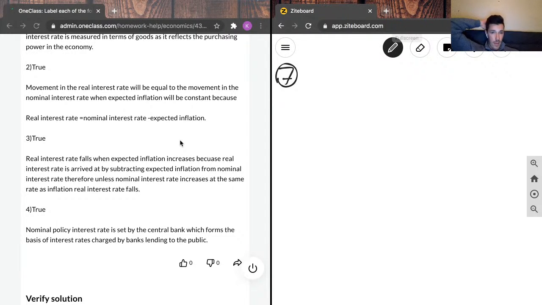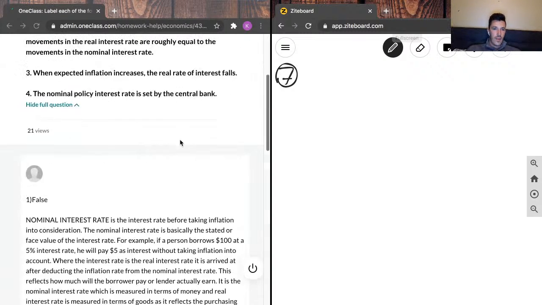As a result, you can get a mortgage at a very low rate right now because the central bank has set this baseline rate, also called the overnight rate, to a low number, and it forms the basis of interest rates charged by banks lending to the public.